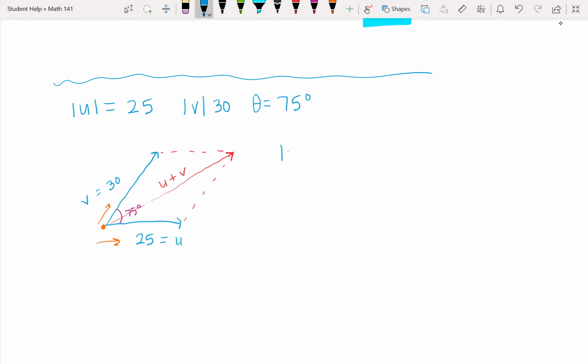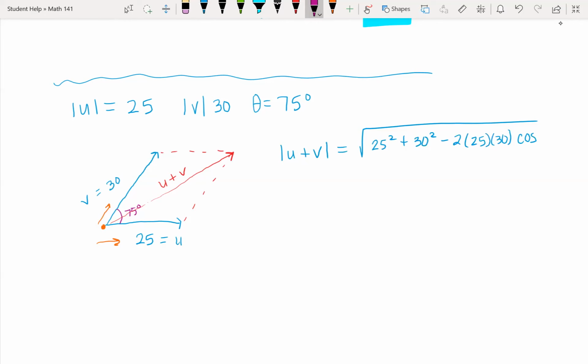So the length of u plus v is going to be the square root of the first side squared plus the second side squared minus 2 times the two sides multiplied together times the cosine of the included angle, which is, oh wait, time out for a second. No, this is wrong. We need to first back up for 1 second.